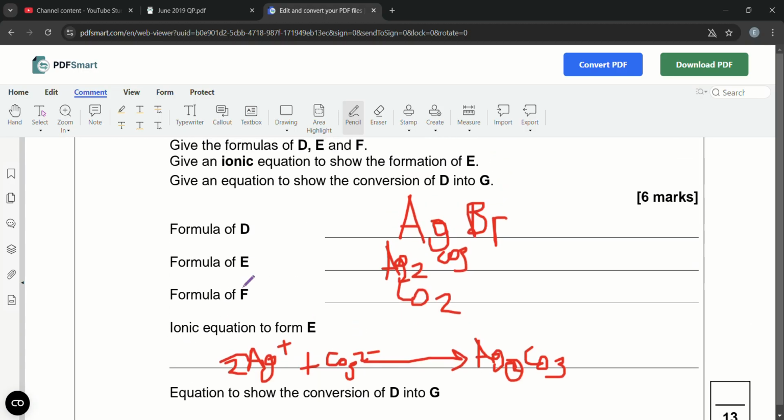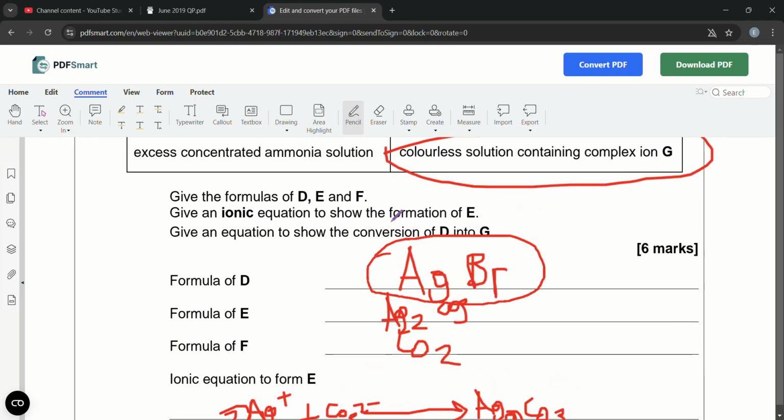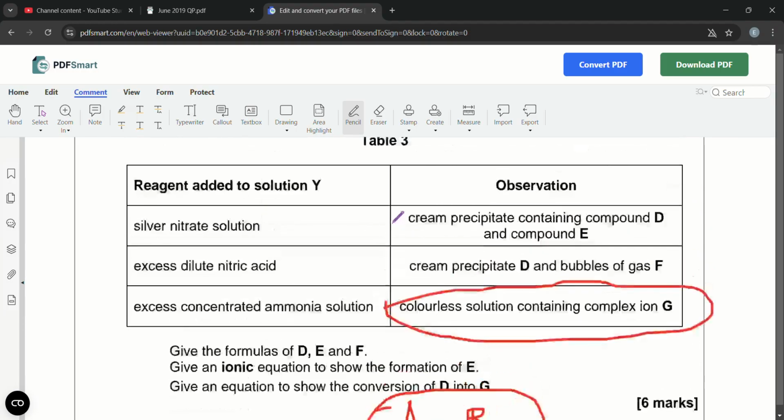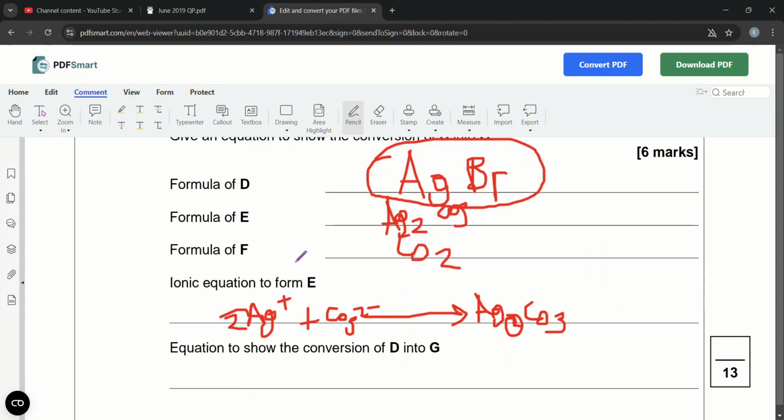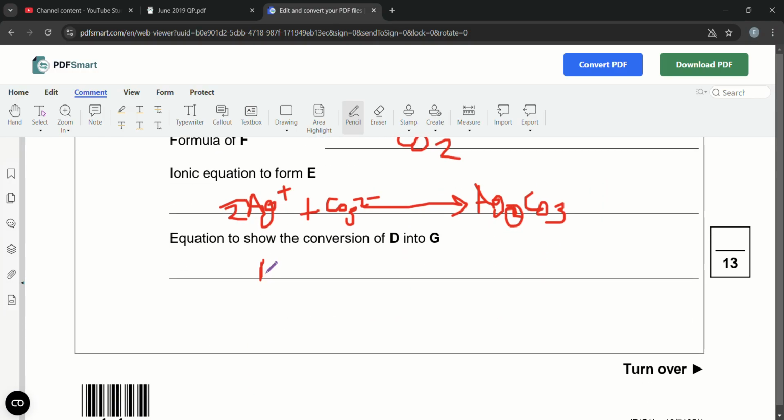Equation to show the conversion of D into G. So here, into G, it's going to be AgBr plus ammonia to form Ag(NH3)2+ plus Br-.